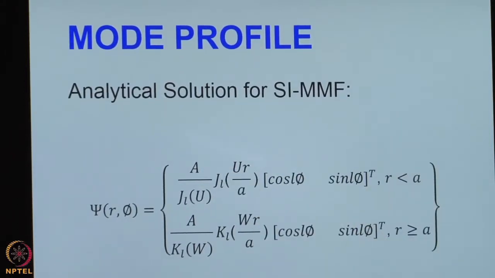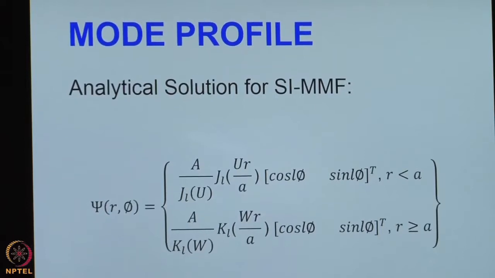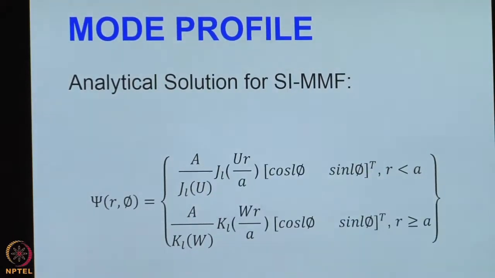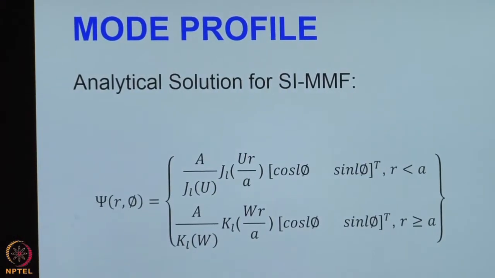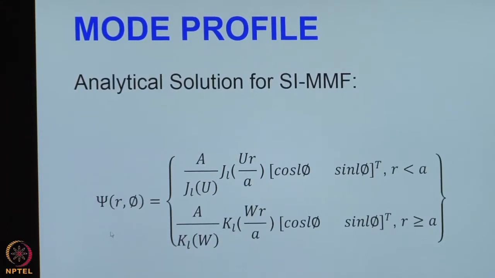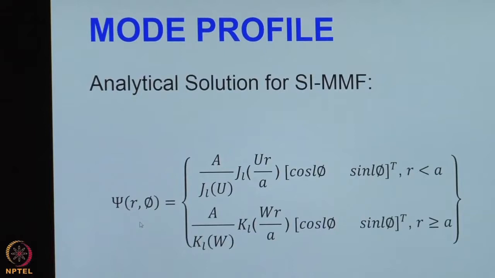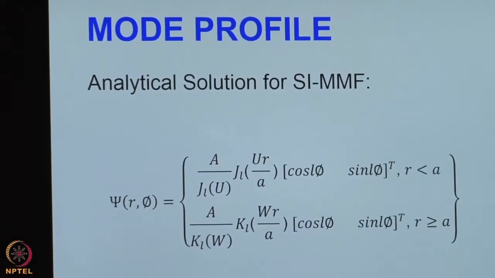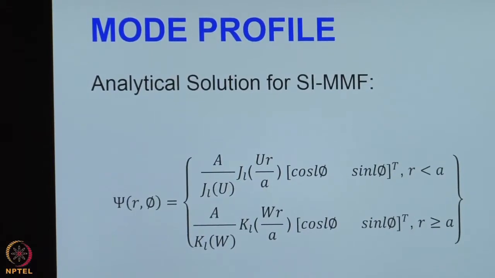At the core-cladding boundary, we assume the fields are continuous, so we take the derivative, and this is the boundary condition. When we solve the boundary conditions, we get different values, different mode solutions, and these are the eigenvalue solutions. Each solution corresponds to a mode.